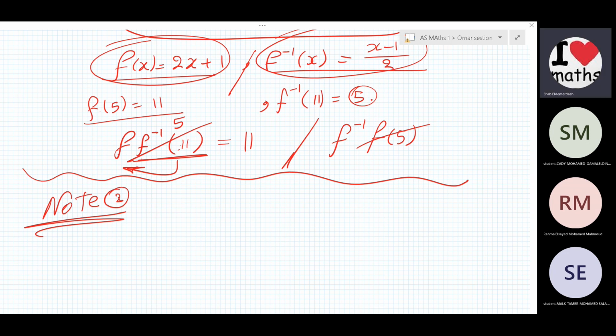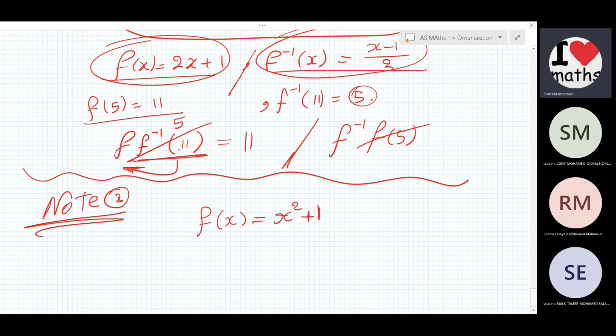For the first part I have the following. For note number 2, I have the function that we discussed. For example, I had f of x equal x squared plus 1.